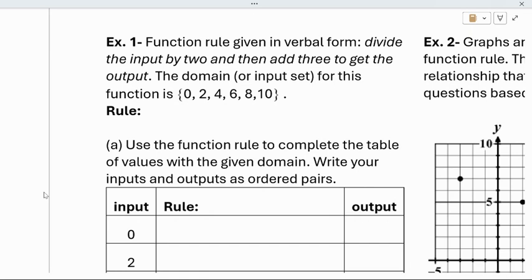You guys struggle with translating a verbal into an actionable equation or identifying operation words. So here is the rule. It says that we're going to divide the input by 2. What is the input value represented by?